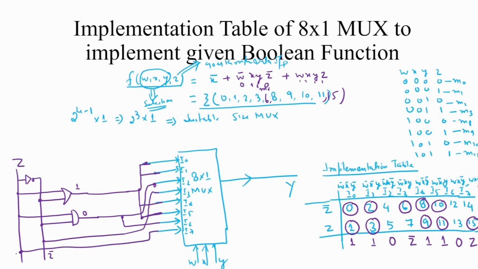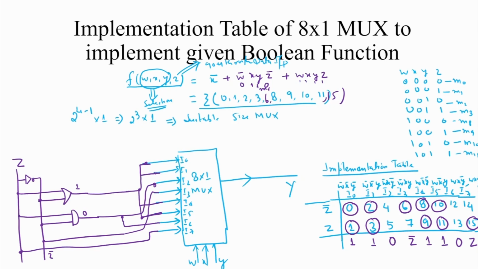In this way, this is the way of implementing a Boolean function by using a suitable size multiplexer. Here the Boolean function contains 4 variables, hence the suitable size multiplexer is 2 to the power n minus 1 cross 1, this means 2 to the power 3 cross 1, and this is the general way to represent a Boolean function.